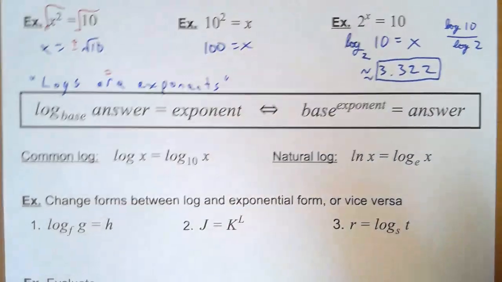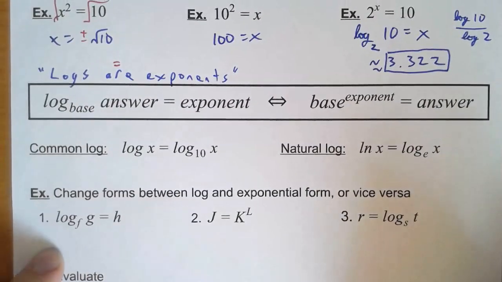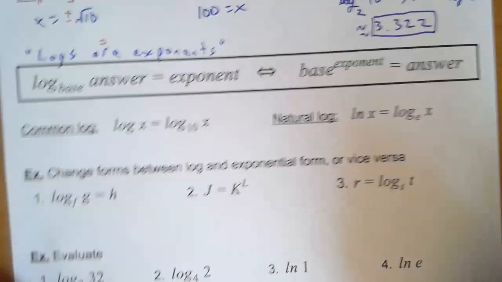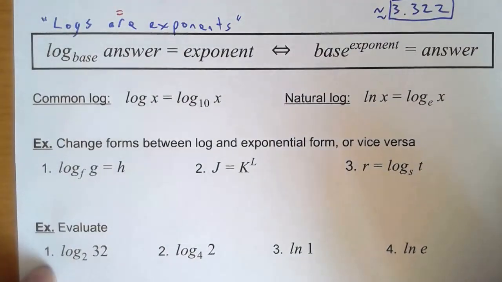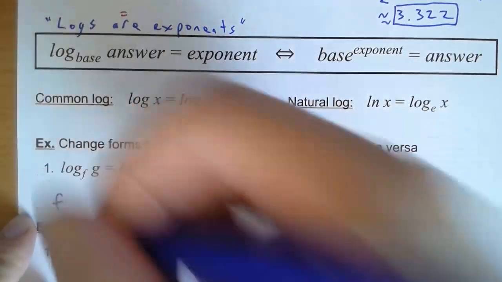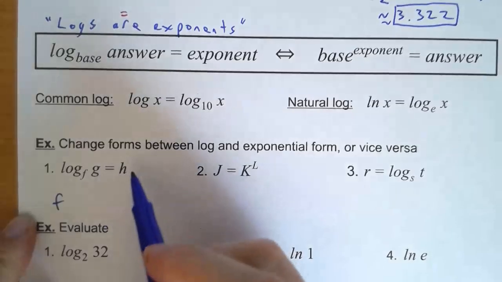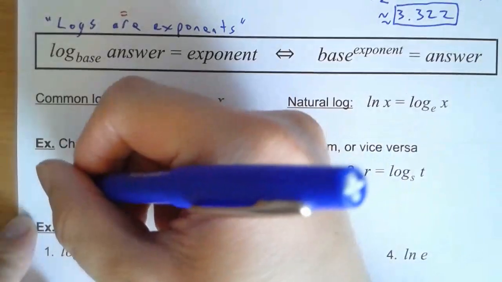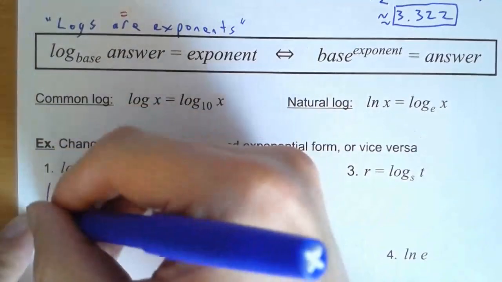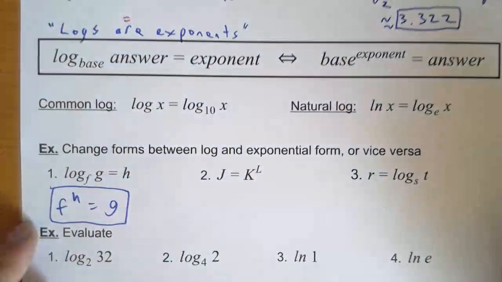Okay. All right, so if we want to change forms here, let's say we were starting with the log and we want to switch it to exponential. Remember, this is log base f, so the f is the base, and then logs are exponents, so the h has to be the exponent, and that means the g has to be what it equals.